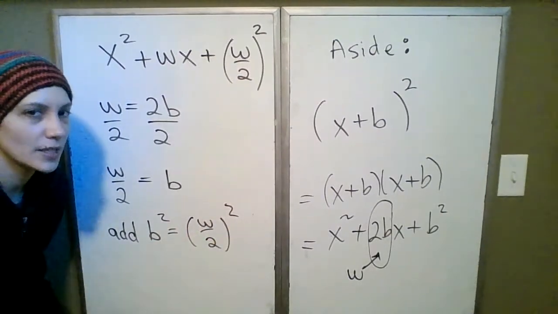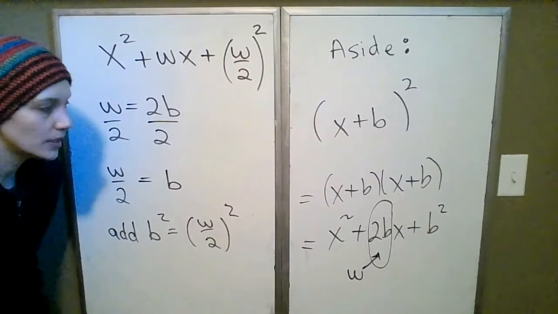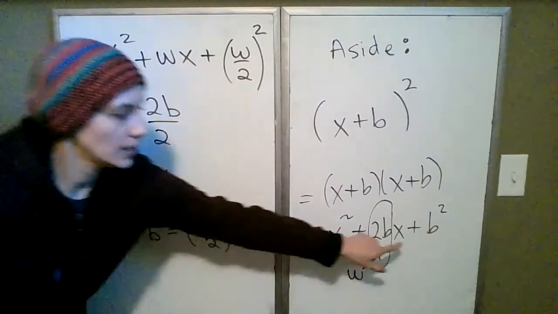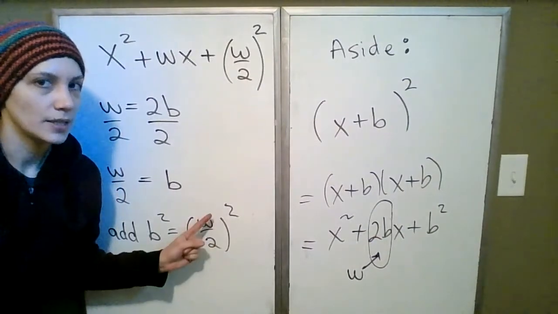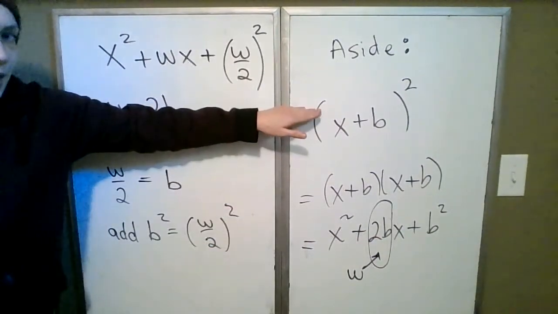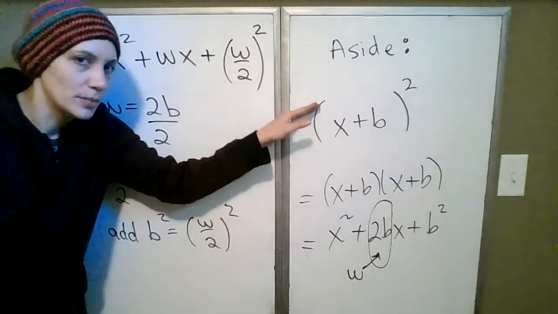Okay, so I got my variables kind of switched around, but you take whatever number is in front of the x value, divide it by 2, and then square the whole thing. And then we'll be able to get this factored form, which is called completing the square.